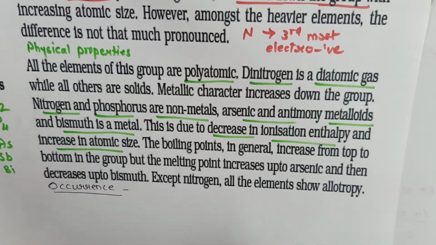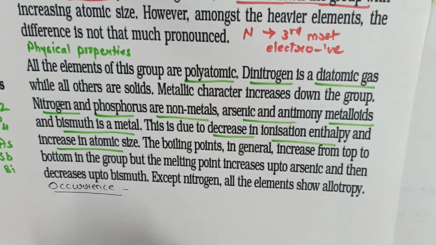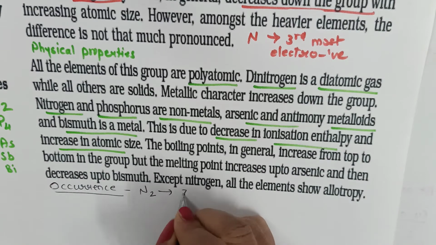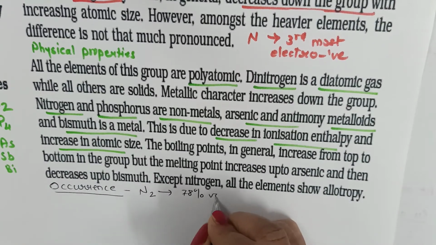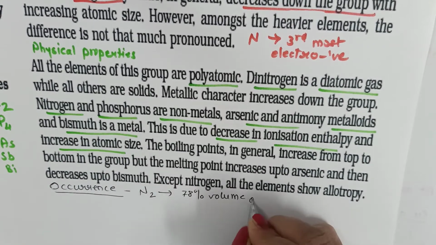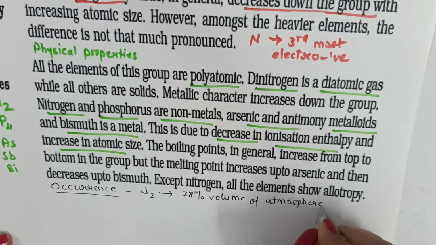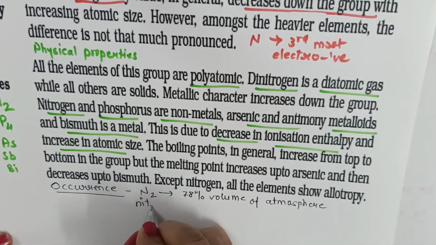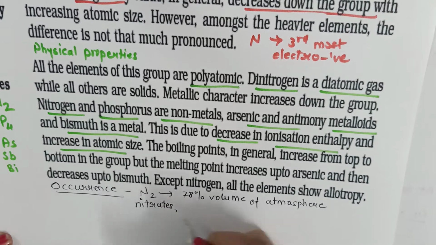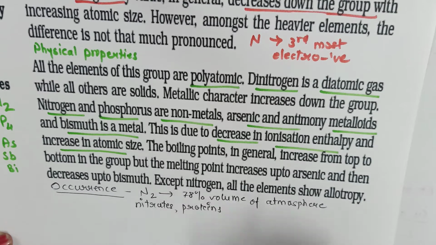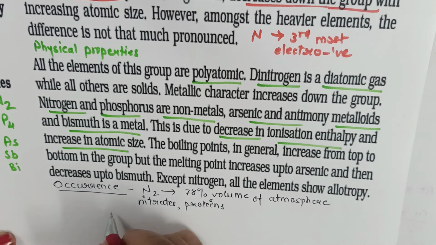If we talk about the occurrence, nitrogen exists as N2 and it occupies about 78% volume of the atmosphere. It also exists as nitrates and in the form of proteins of plants and animals.